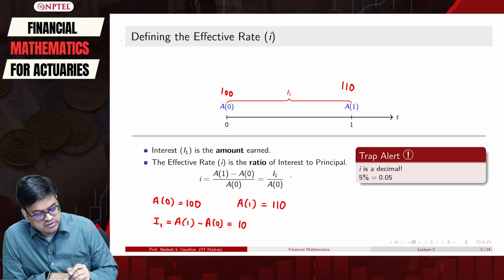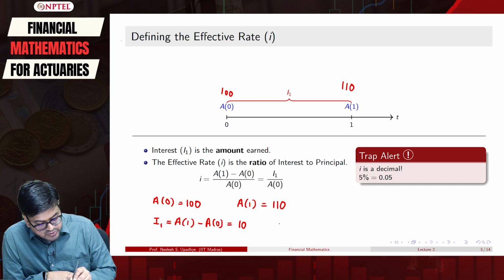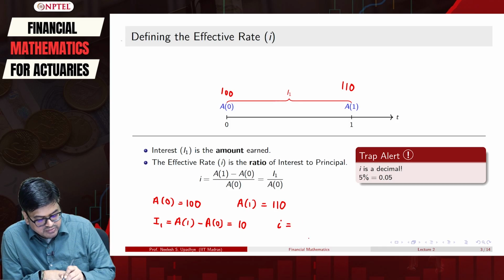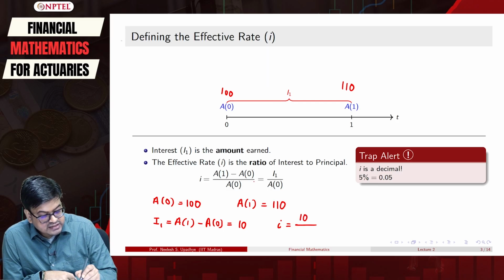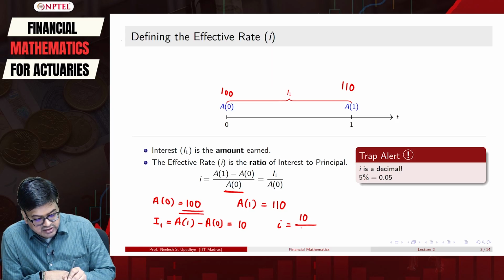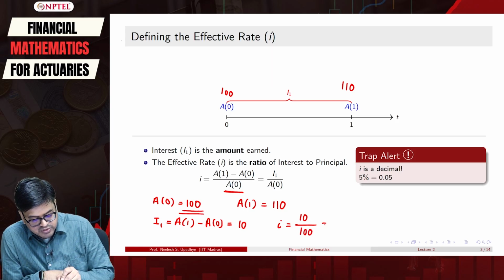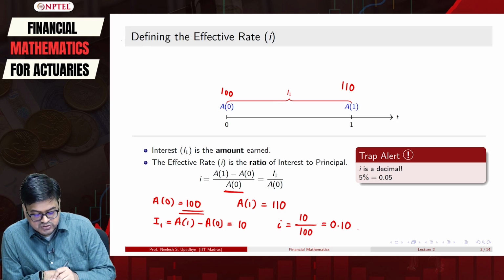Now according to this formula, I will put small i equal to 10 upon A0, which is 100. So 10 upon 100 will be given as 0.10, in decimal terms.